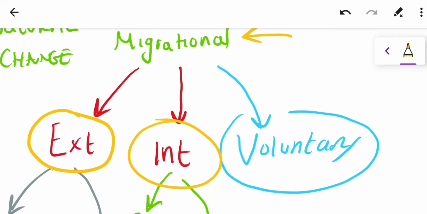Okay, there is no voluntary that comes under migrational, at least at this level here.